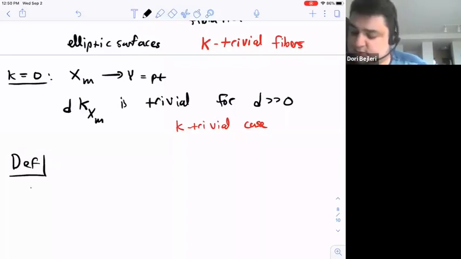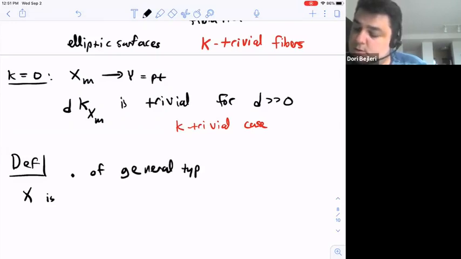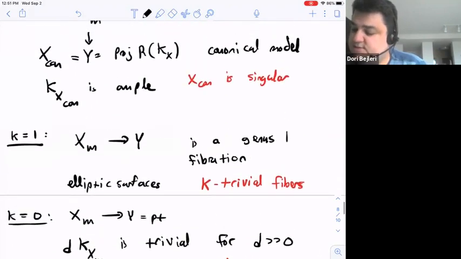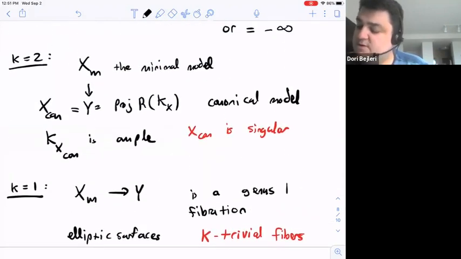So we'll say, and now this is in any dimension, X is of general type if its Kodaira dimension is equal to its dimension. So this is the case we were in here, where we have a minimal model and we have a canonical model, and on the canonical model, K is actually ample.